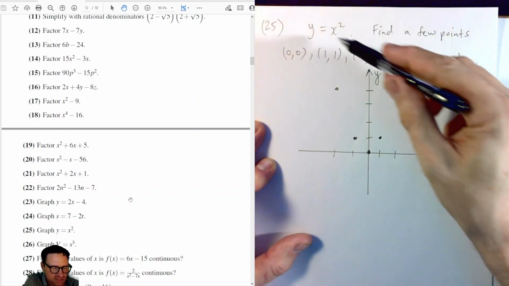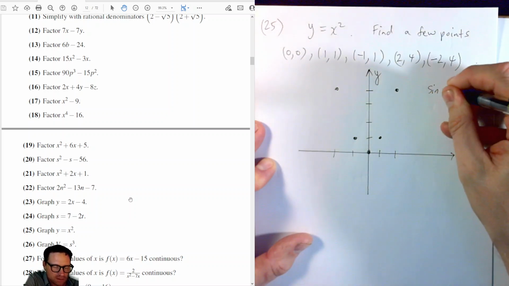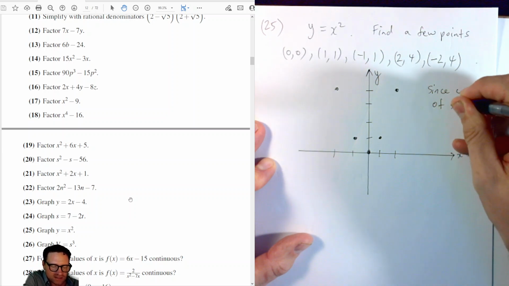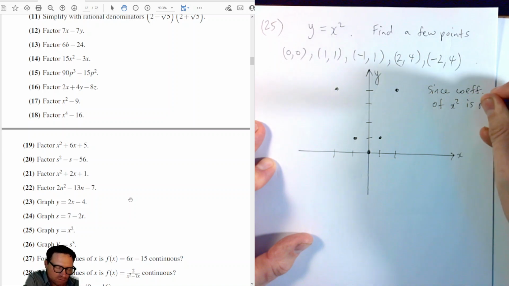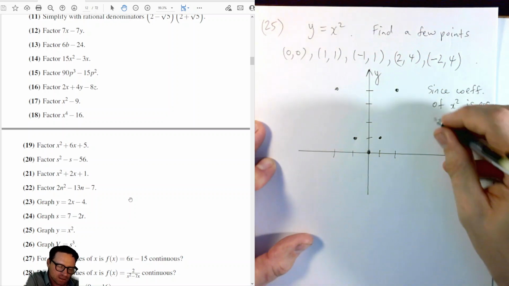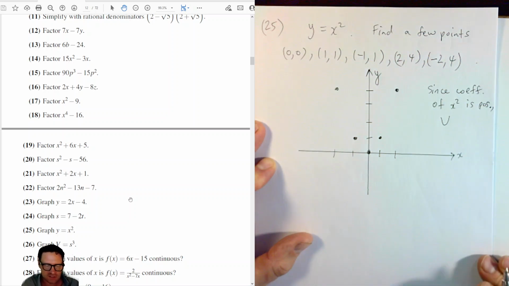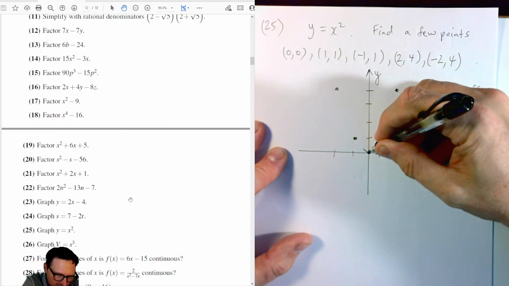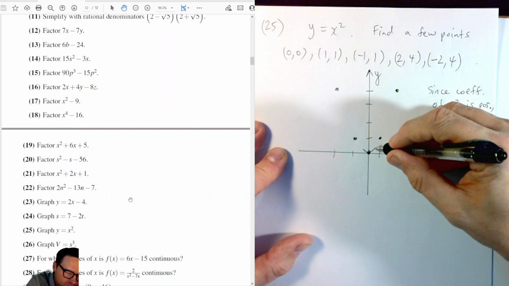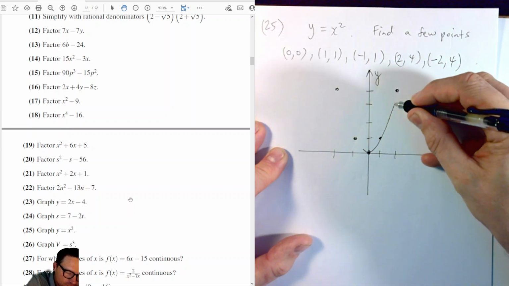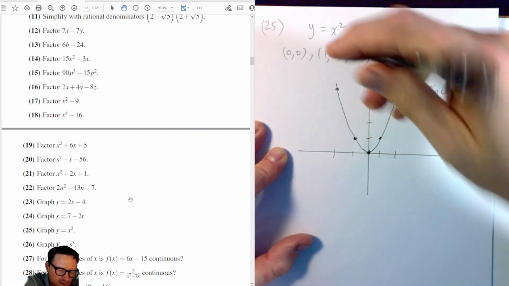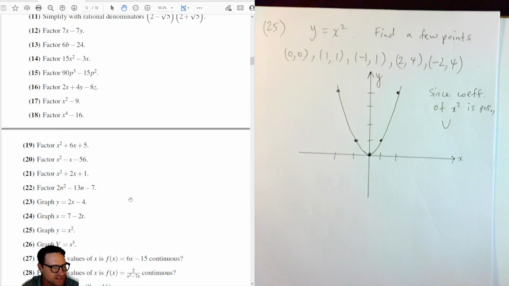Okay, now since the leading coefficient, so the coefficient of x squared is positive, greater than 0, it looks like this. Smiley face shape. So let's fill that in, and it's got a minima here when x is 0. And then it keeps going like so.